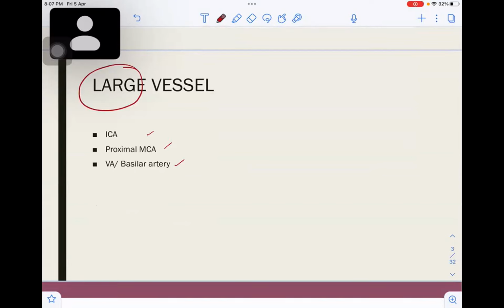The large vessels, to become occluded, require a large thrombus. Whenever there is a large thrombus, the use of IV alteplase or other thrombolytic agents to completely remove the clot is very less. Almost 40% of ischemic strokes have large vessel occlusions, and in these cases the efficacy of thrombolysis is less.